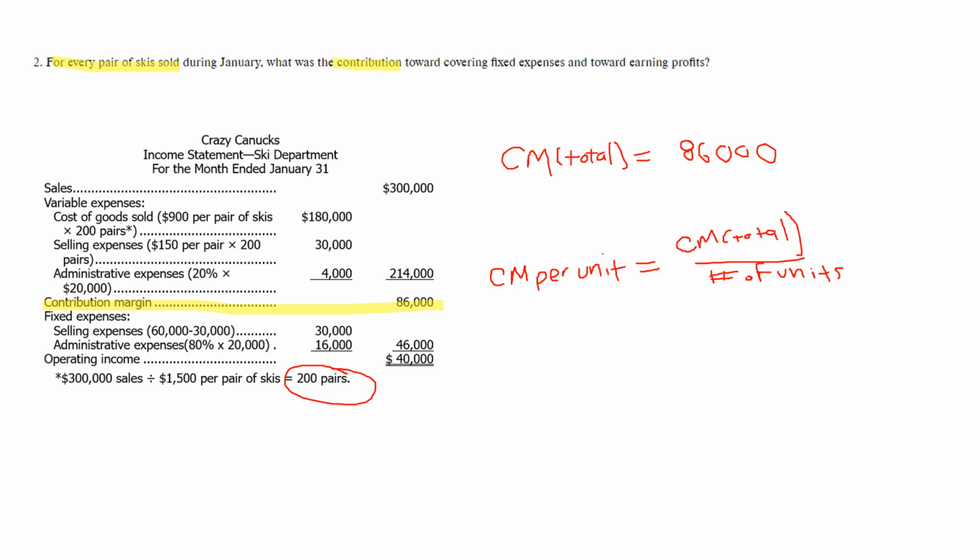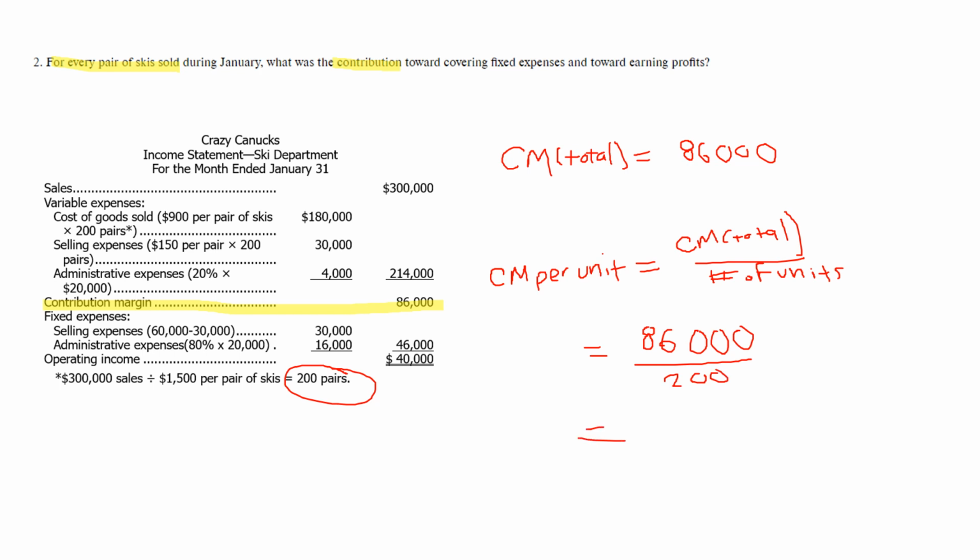Using the information we have, this total contribution from our statement was 86,000 divided by our total number of units, which was our 200 pairs of skis.